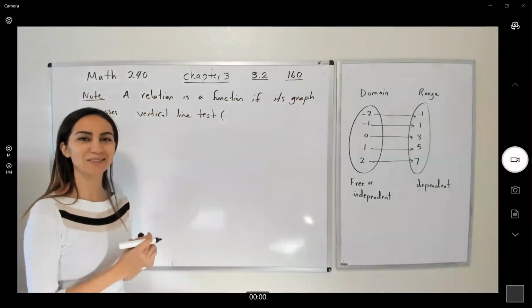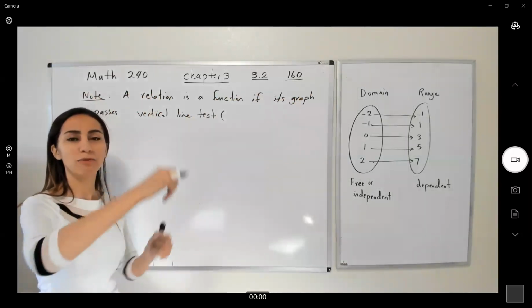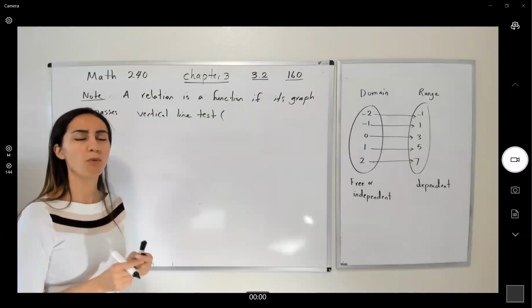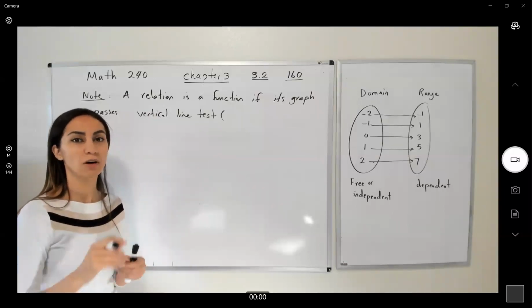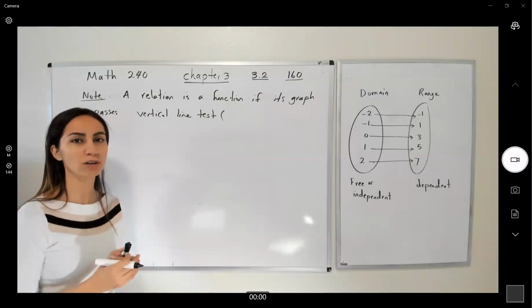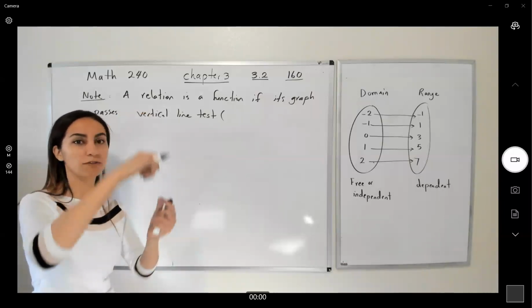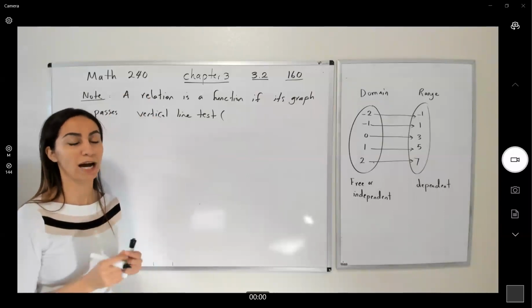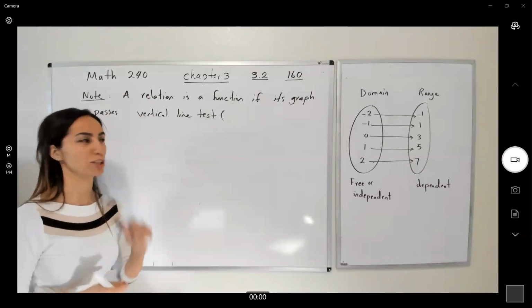It means that if you take any random vertical line, there are no more than 2 or 3 or 4 intersections of that vertical line with those points. So at most 1 point.